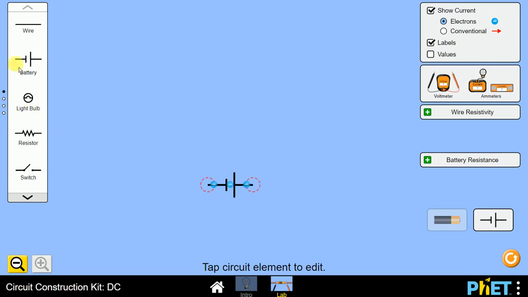Okay, I take a battery, then I take bulbs, or rather I will take resistor. Two resistors I took, right? Two here.